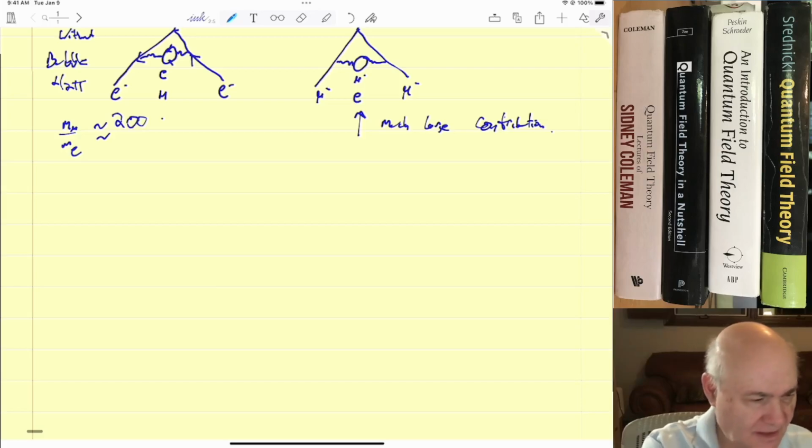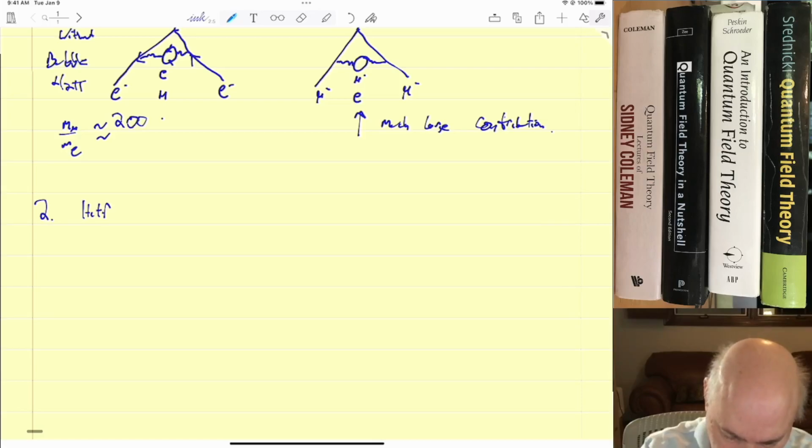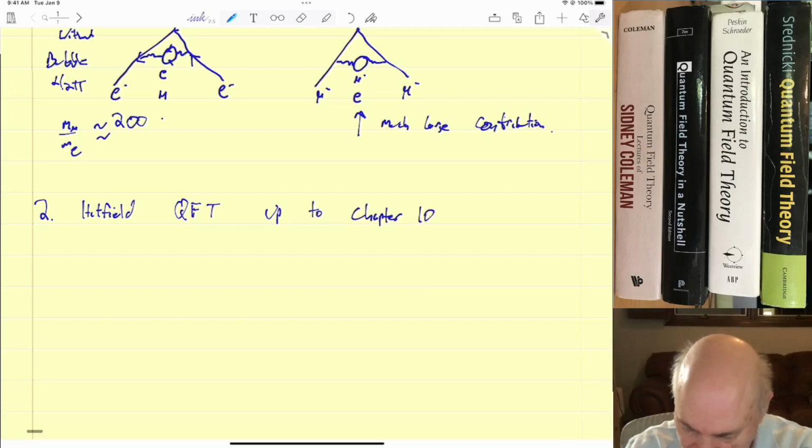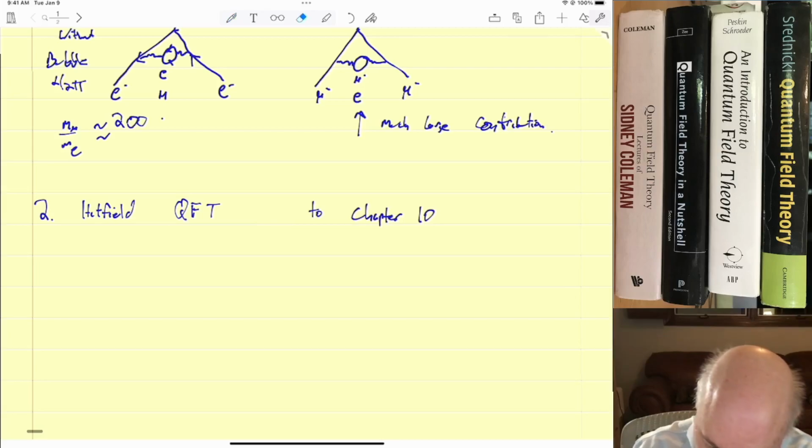The next thing that I did was I decided I wanted to read Hatfield's QFT book through chapter 9.